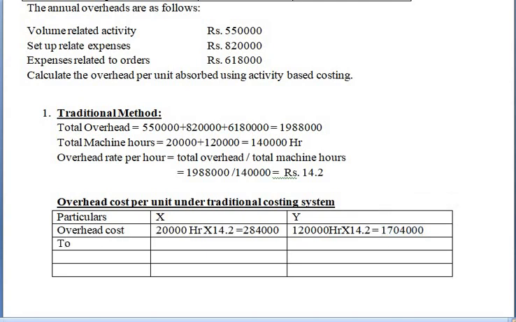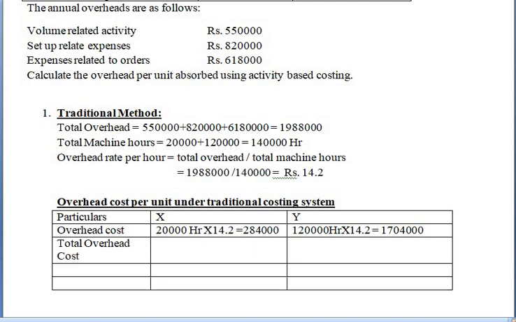So the total overhead cost for product X is 2,84,000 and for product Y 17,04,000. This is the total overhead cost under the traditional method. But here they asked to calculate overhead cost per unit, so we need to divide by the number of units.